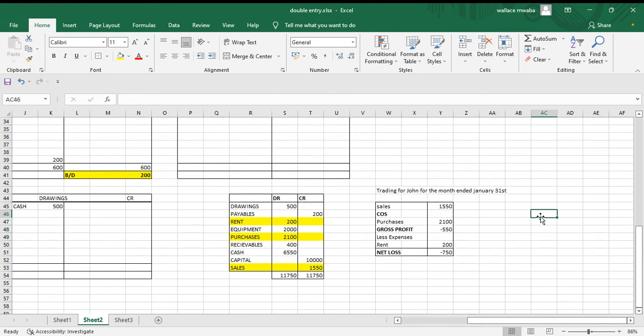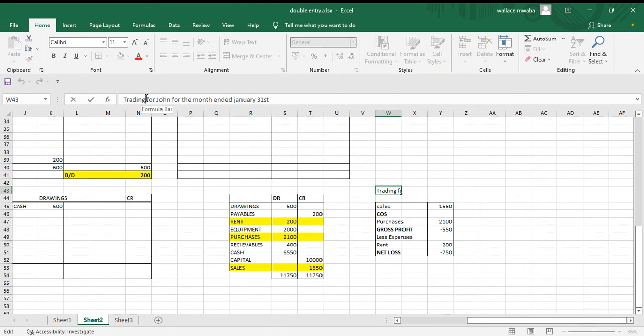I would have just put here income statement for John. Remember, the income statement is a combination of the trading account and the statement of profit and loss. This is the income statement.